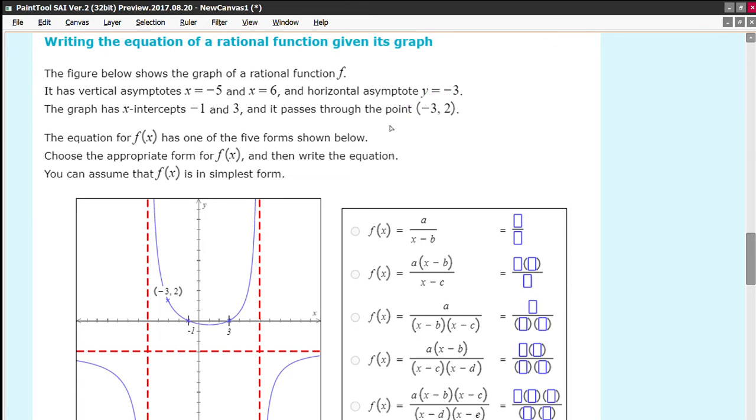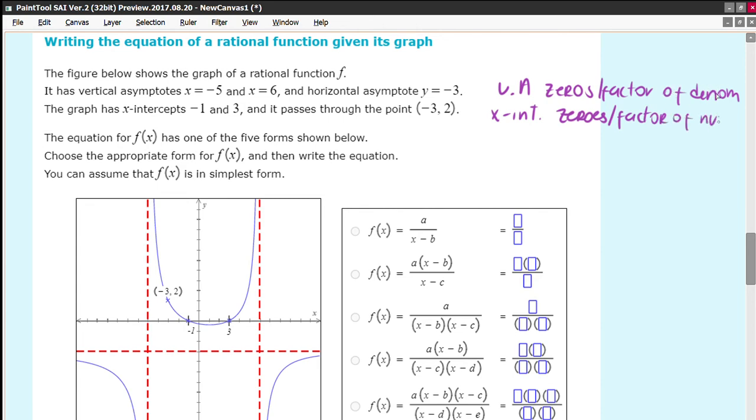The first thing we have to remember is that vertical asymptotes are the zeros or factors of the denominator, and that the x-intercepts are the zeros or factors of the numerator.